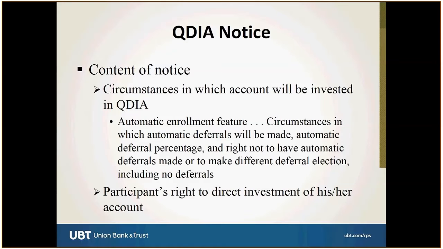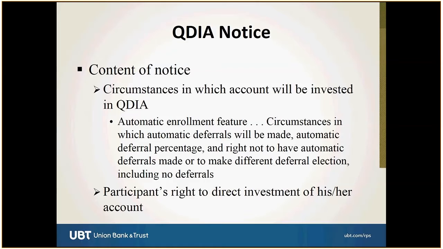So we need to tell them the circumstances in which their account will be invested in a QDIA, and oftentimes this QDIA notice really goes hand in hand with an automatic enrollment feature.